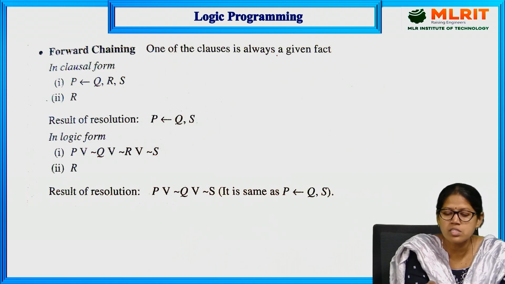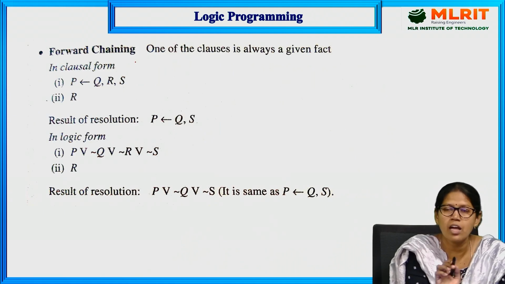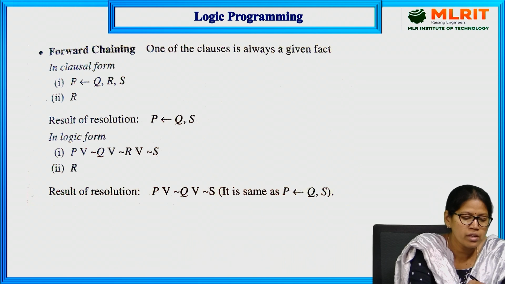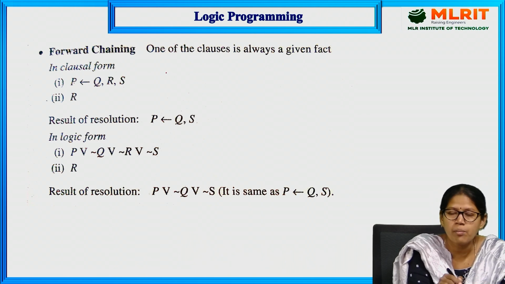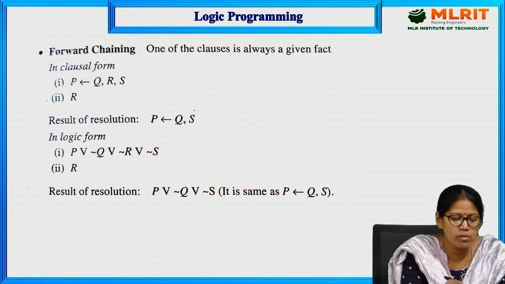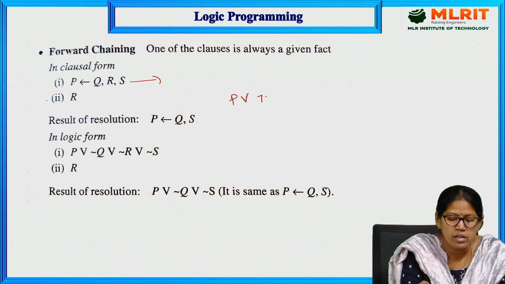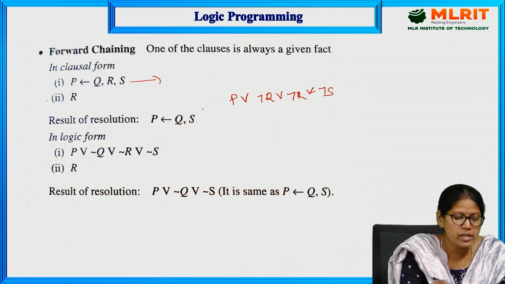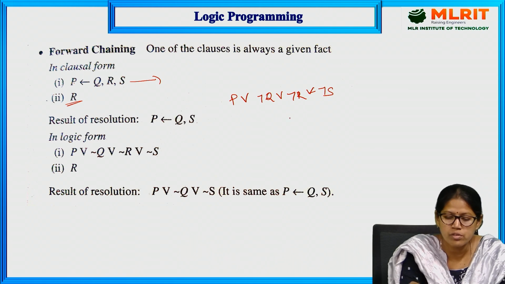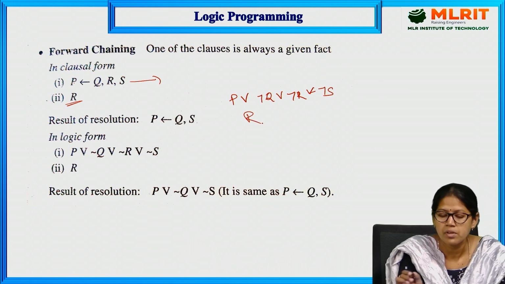Next, forward chaining. One of the clauses is always a given fact in clausal form. So here, P implied by Q, R, S. We can rewrite this as P or negation Q or negation R or negation S. Later, R is the positive literal, so we'll write it like this.